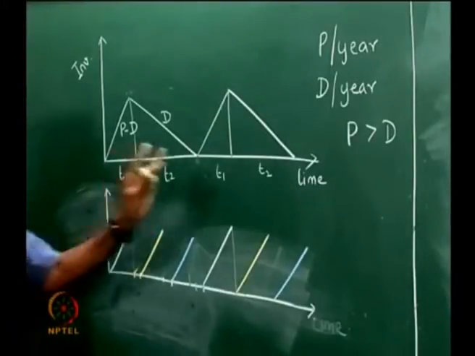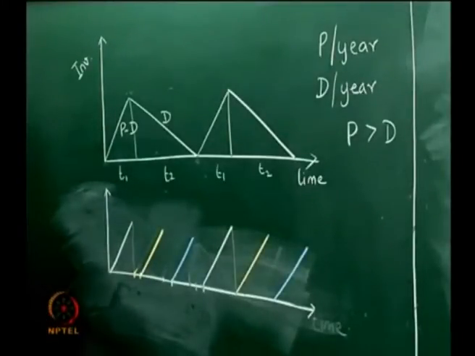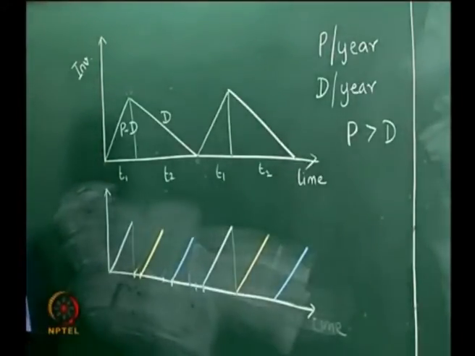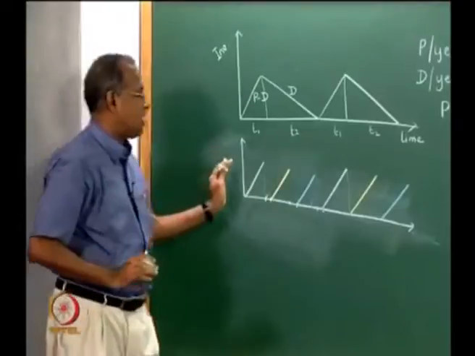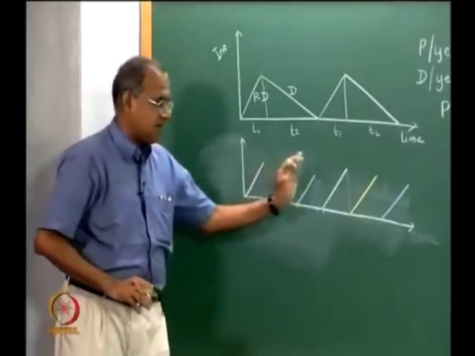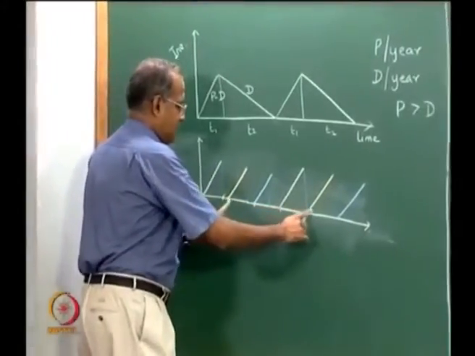Now if we start looking at this problem from the point of view of the facility that is making a certain number of products, then I should be able to determine the cycle time for each product. It is desirable that the cycle time is the same, so that this cycle time would be the same as this cycle time.